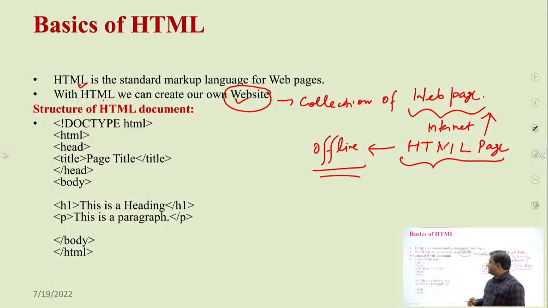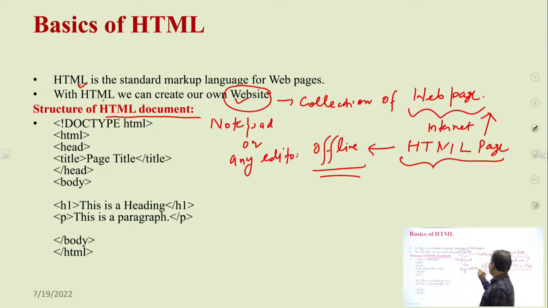Now we start with how we write an HTML document. Before writing the HTML document, we should be aware of where we write the HTML code. We write the HTML code in Notepad or any editor. Today we also have many online editors where we can practice HTML tags.